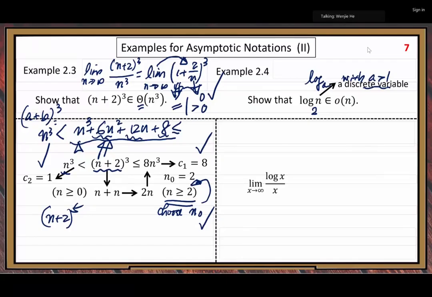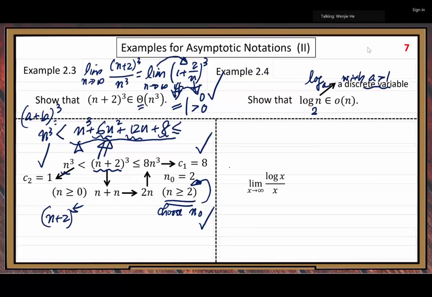Here, because x is a continuous variable, we can take derivatives on numerator and the denominator. Before we apply L'Hopital's rule, check the condition.